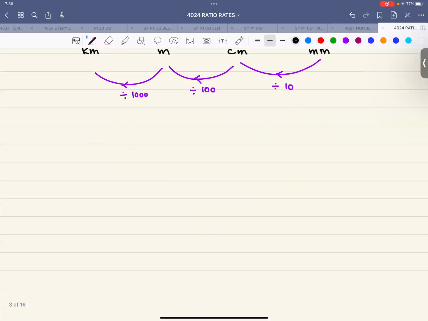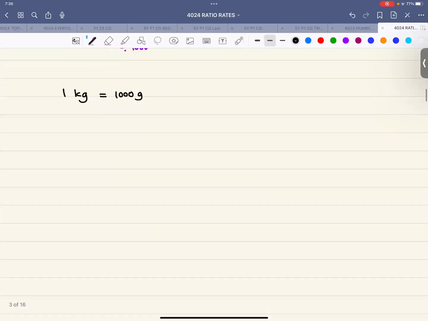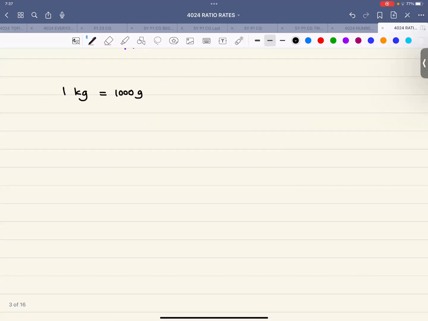And maybe some other conversion. For example, 1 kilogram is 1,000 grams. And that is what we need over here. Similarly, when we talk about time, we know that 1 hour has 60 minutes, and 1 minute has 60 seconds.